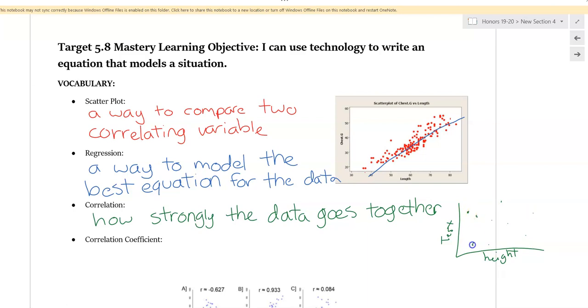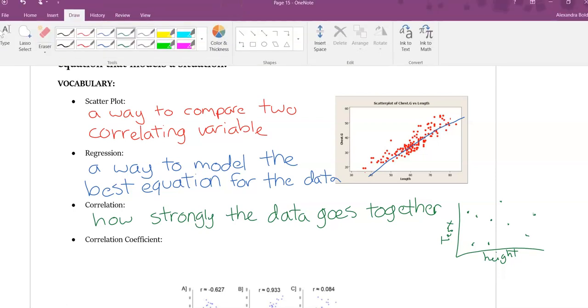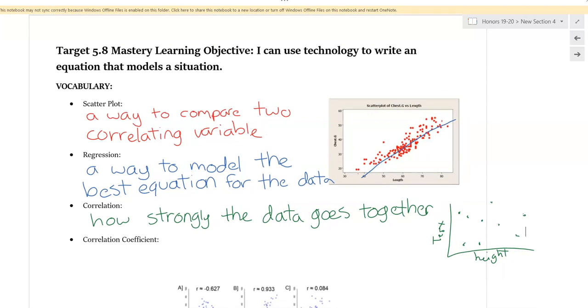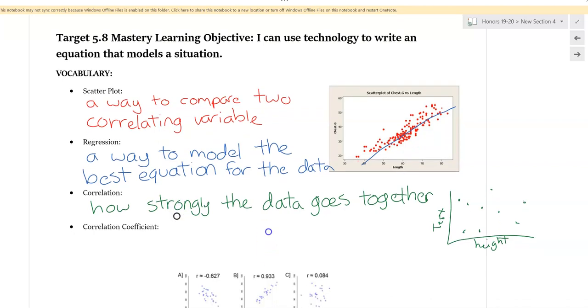These things do not have a strong correlation, where these have a strong correlation. So it's how much you would expect the one to influence the other. So think of it as like independent and dependent events. Independent events have a weak correlation. Dependent events have a strong correlation.